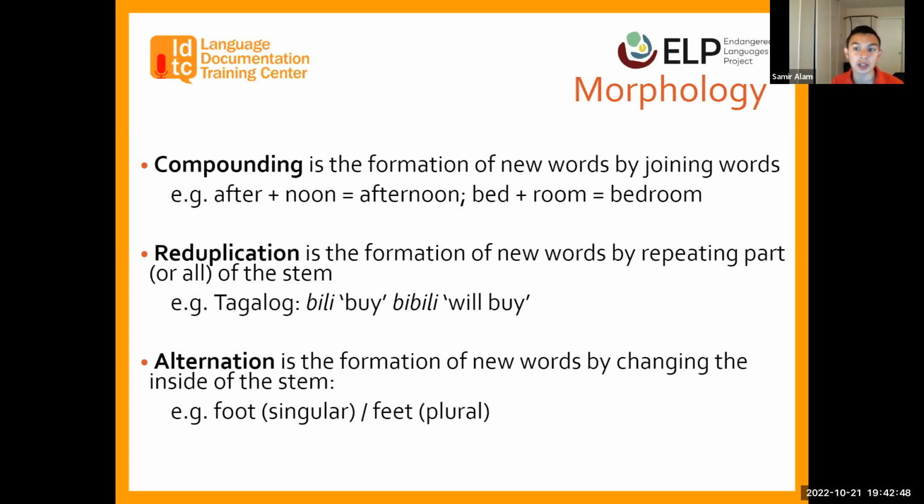We have derivational affixes, which change the meaning significantly or change the part of speech, and inflectional affixes, which only change the meaning very slightly. We also have different processes for creating new words that are not limited to base and affix combinations: compounding, reduplication, and alternation.